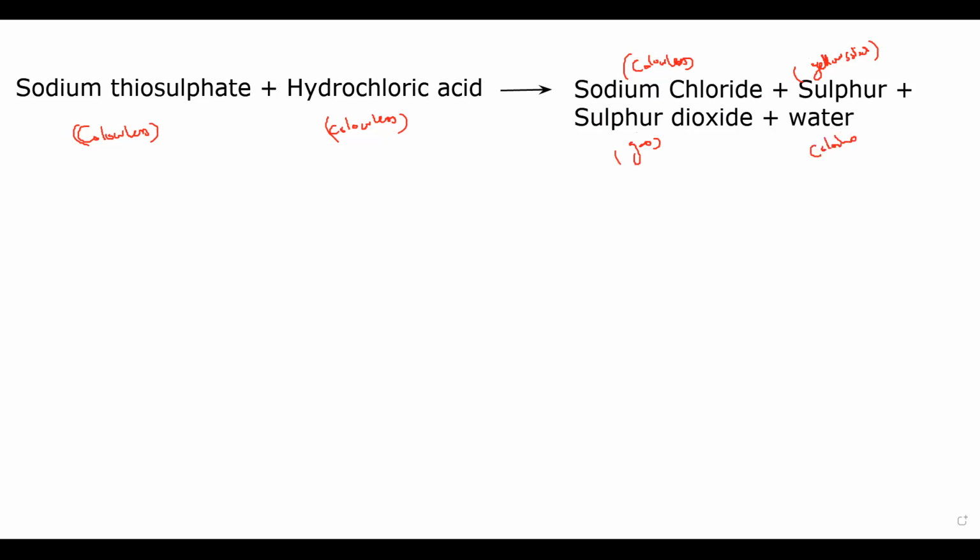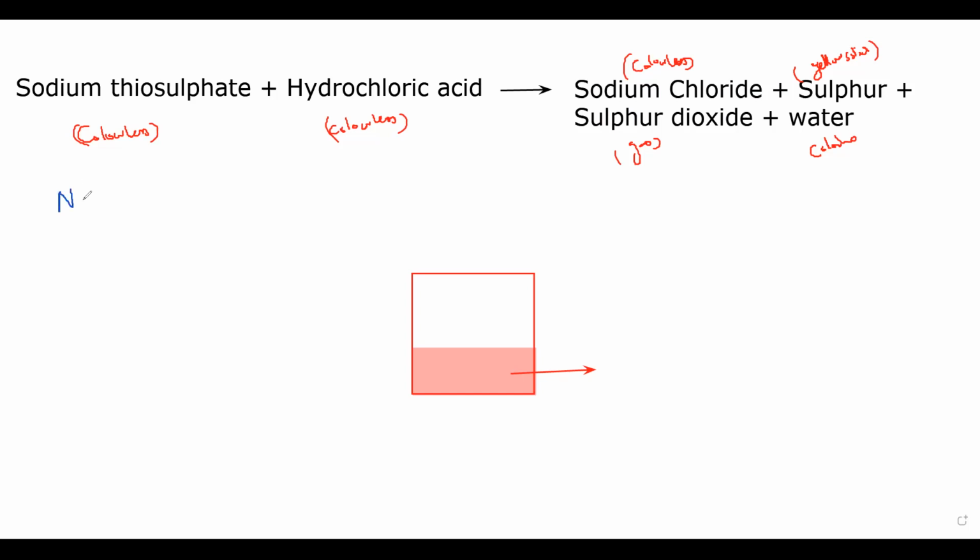So what happens if we take a container and first fill it with HCl? It's up to us, we can add sodium thiosulfate first and then HCl. I will write the formulas.